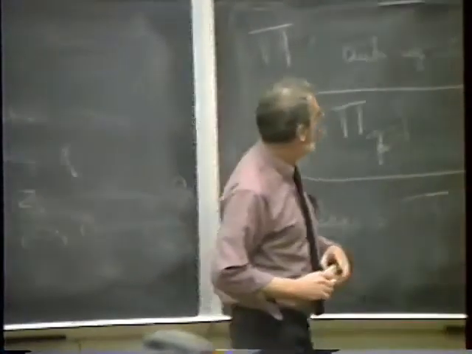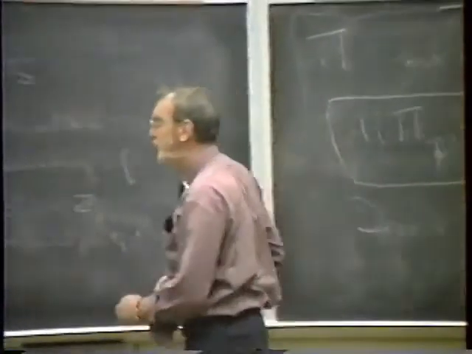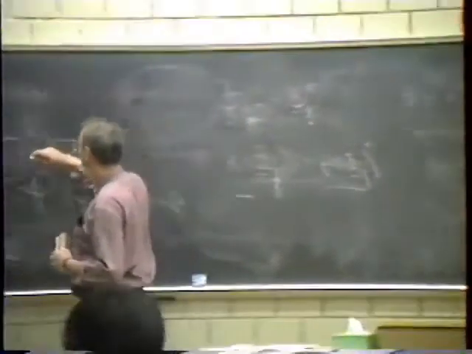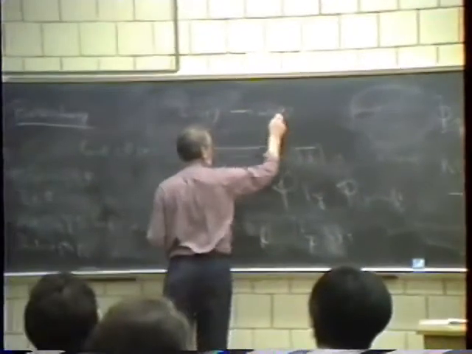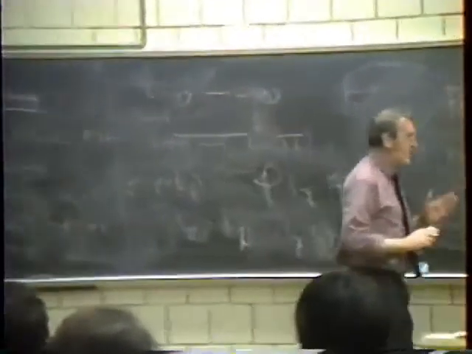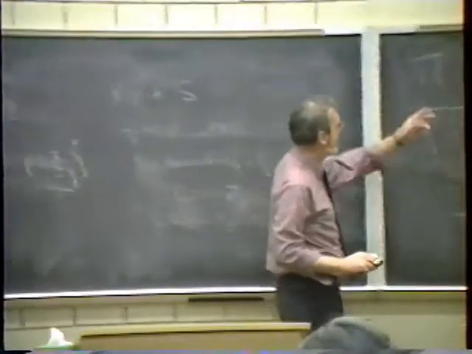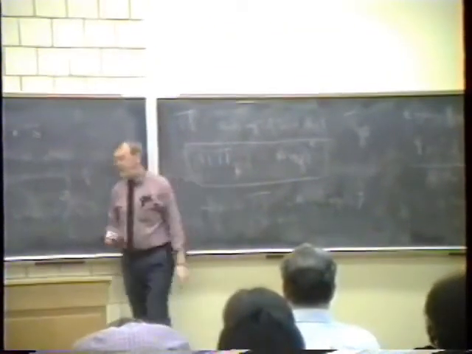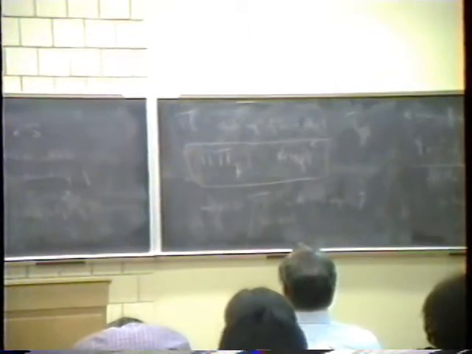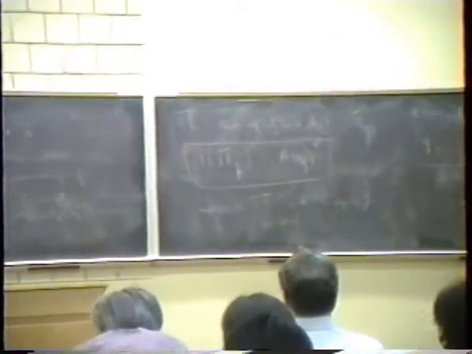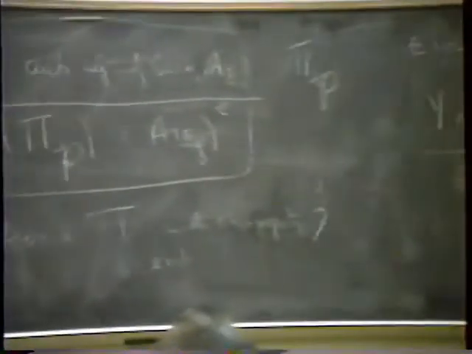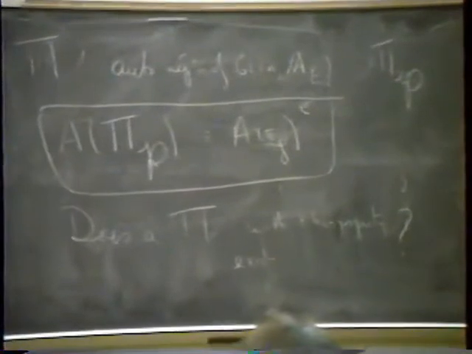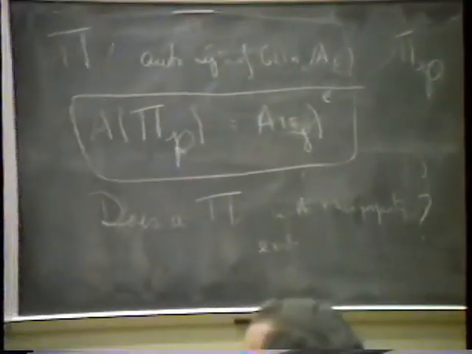There's no explicit reference to these rhos, or hardly any, in these questions. It's a problem that arises internally, whether this capital pi exists when little pi is given.